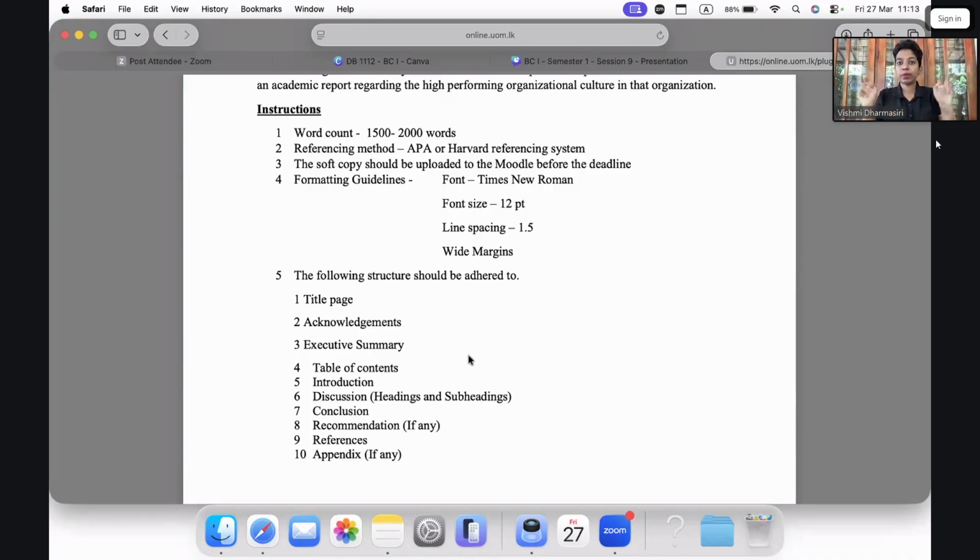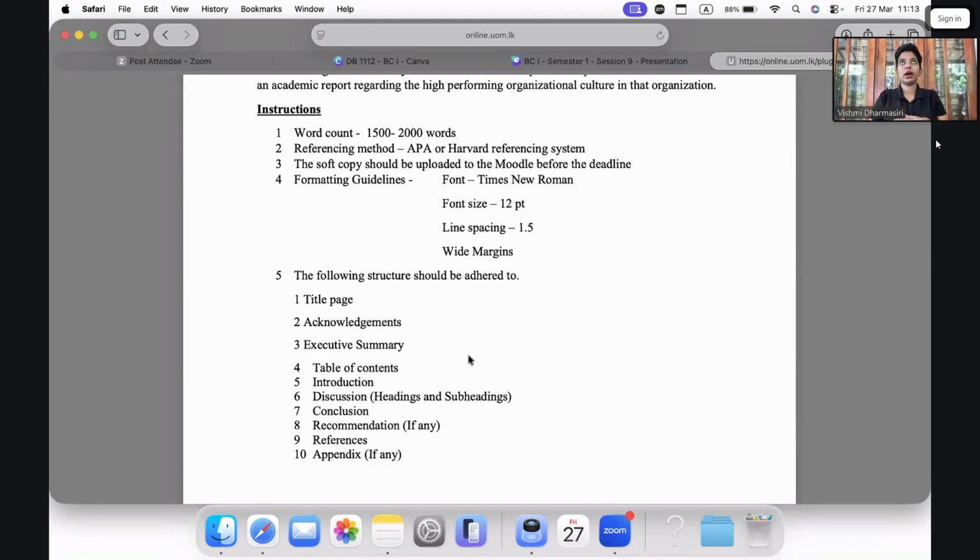Some people who read your report may not know what organizational behavior is, so you can define it and say, this is what it is basically. And if you want to draw from other sources, you can do that.